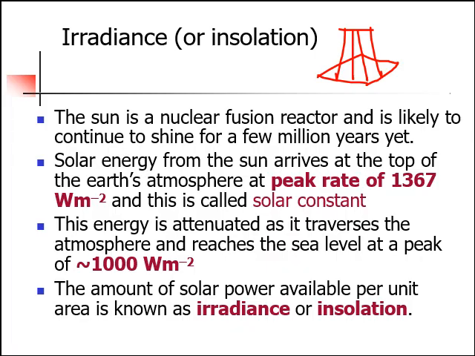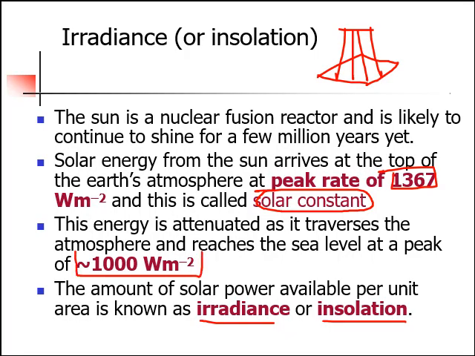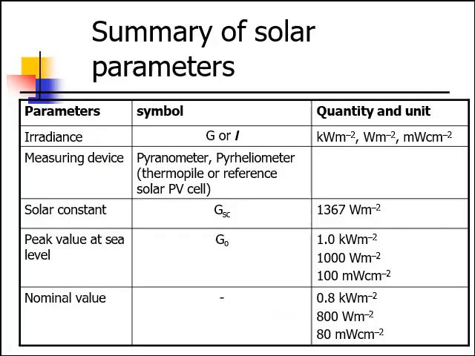So this is called irradiance or insolation. Remember, the solar constant is the higher value, 1367 watt per meter square. And whenever you hear this word one sun, it indicates an irradiance value of 1000 watt per meter square.